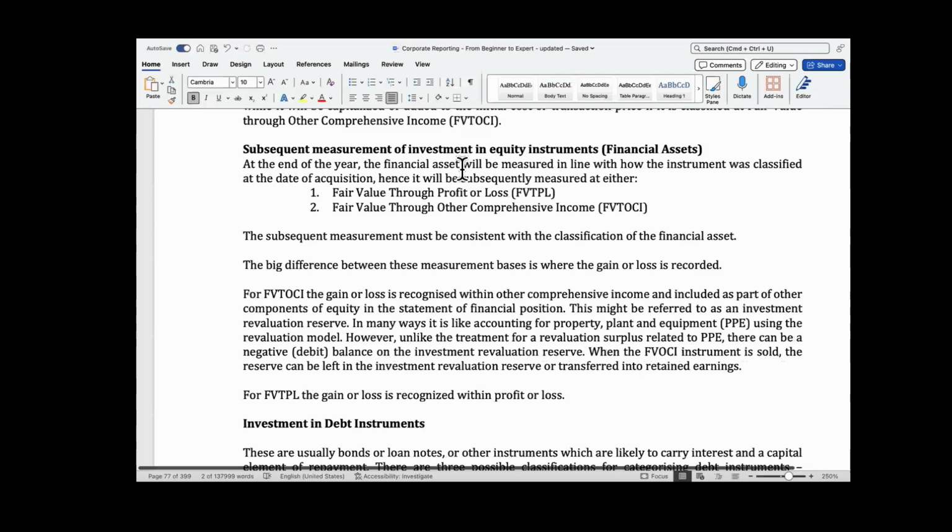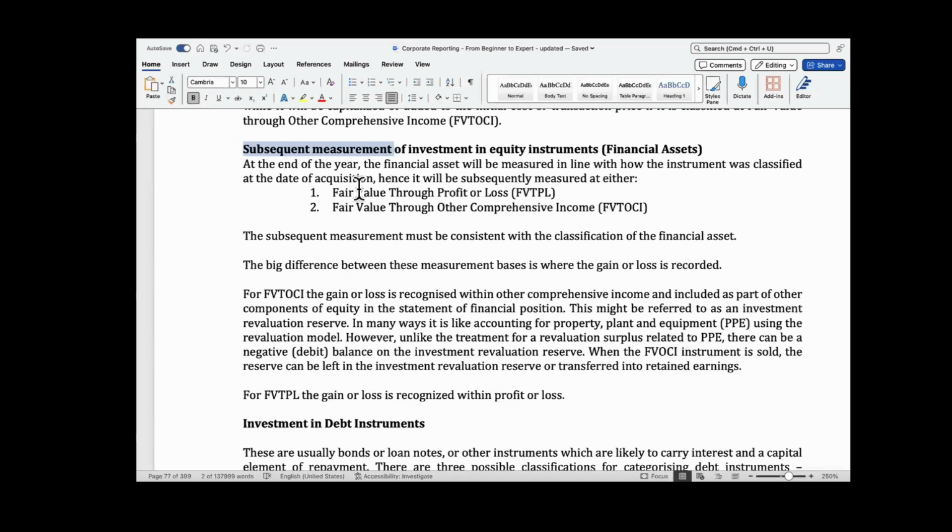So at the end of the year, which is what we call subsequent measurement, you're going to measure these financial assets in line with how you have classified them.